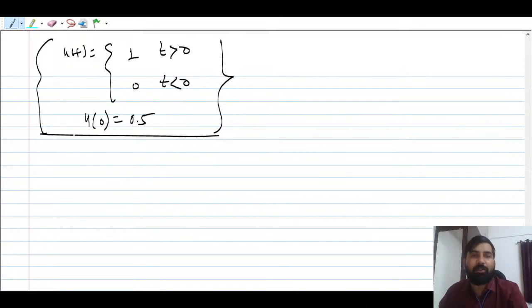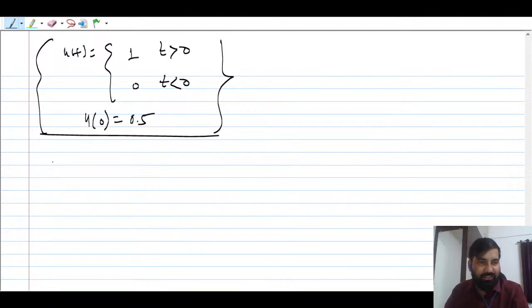Wherever the discontinuity happens, you can always take u of 0 as 0.5. Discontinuity means all of a sudden your signal goes from 0 to 1.